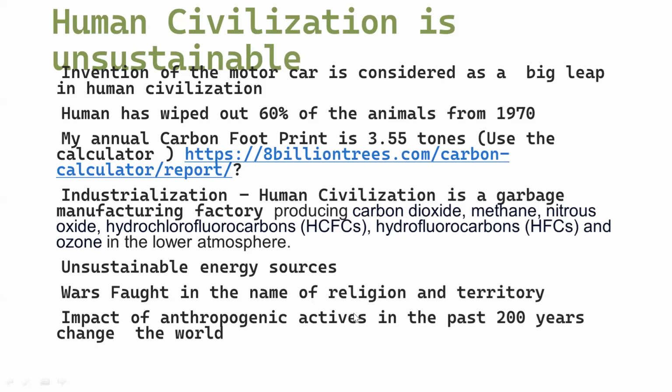When you take the whole thing together, it can be stated that the impact of anthropogenic activities in the past 200 years changed the world. Anthropogenic means related to human civilization. Have you heard of this term, anthropogenic, before?